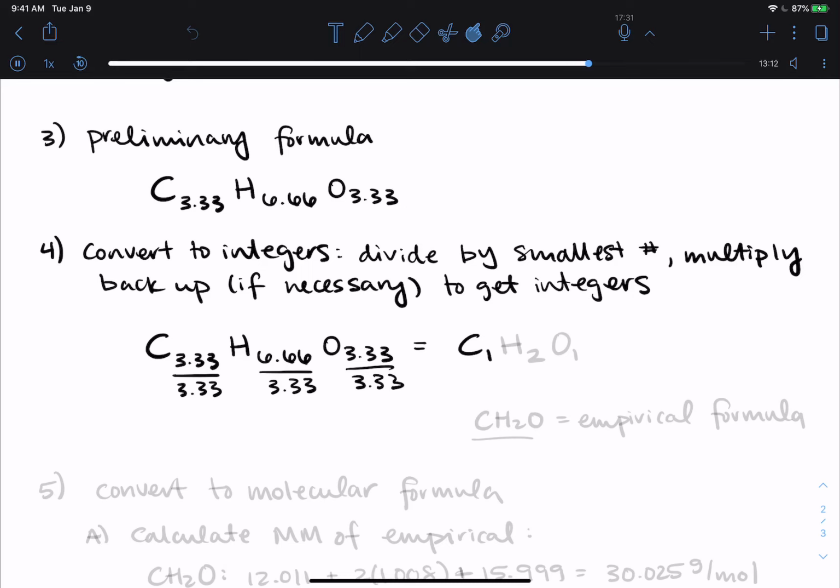I'm just going to put it in here for now so that I make sure I don't miss anything. Hydrogen with a subscript of 2, and oxygen with a subscript of 1. So I have integers. I don't need to multiply back up. You will see that done in an example later. But that's it. So CH2O is my empirical formula.